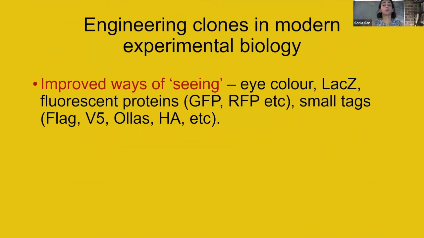And then, of course, small tags, because now you can have very many different types of tags. So there's FLAG, there's V5, there's HA, a whole bunch of tags. So new and improved ways of visualizing the clones in diverse tissues. It could be viscera, it could be cuticle, it could be eye, it could be anything.